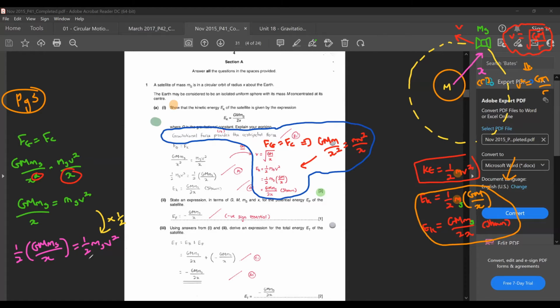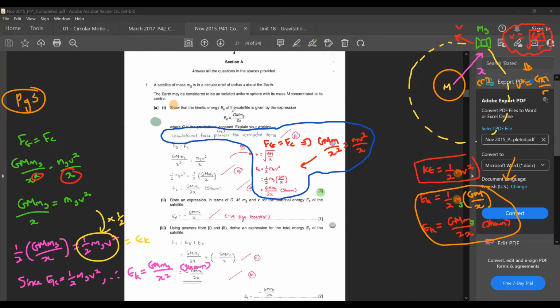So this one already is actually your EK. Therefore, here you probably write this. Since EK is half m_s v squared, therefore EK is GMm_s over 2x. So this one is shown.